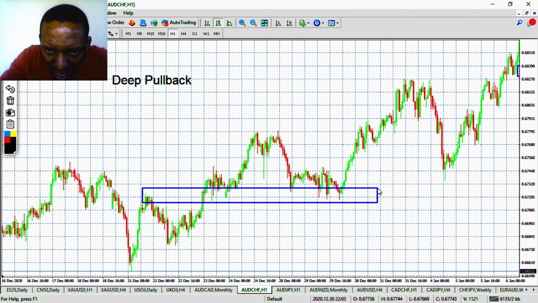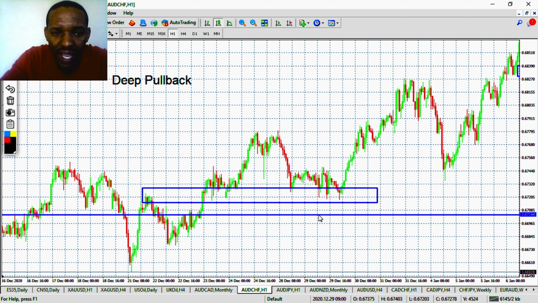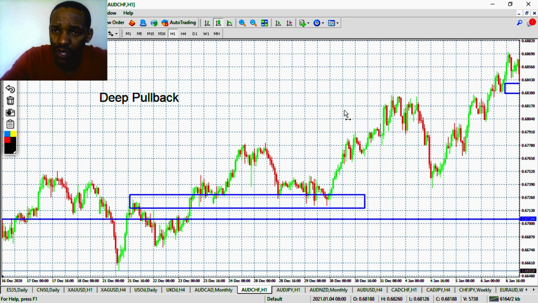That's where you would have entered, and your stop loss would have been approximately around that area right there. Nice candle, and this is a bullish harami. You would have entered right there. This would have been your entry, and then the markets would have went straight up.